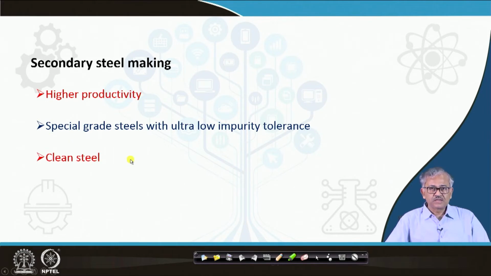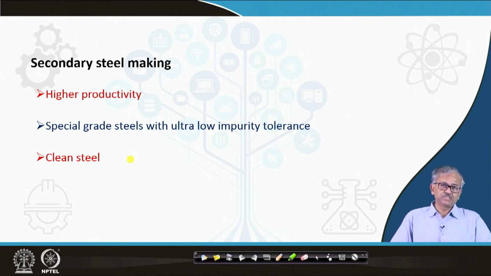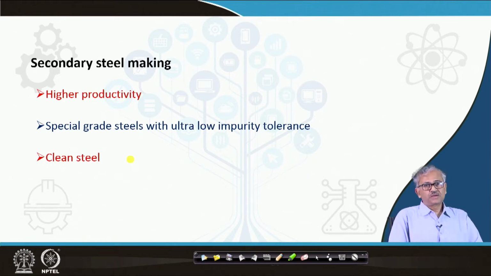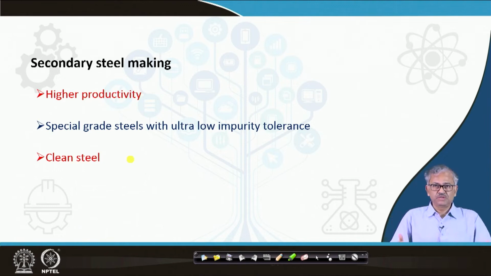And then, as I said, there is clean steel, very ultra low impurity steel. Clean steel means that you have to live with some impurities, because there are several impurities in the steel, and we can remove them to some extent, but you have to live with several inclusions.